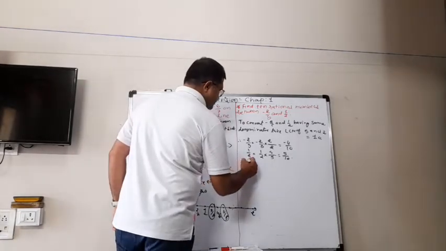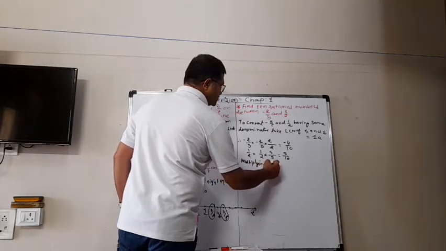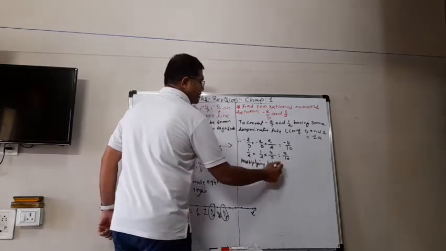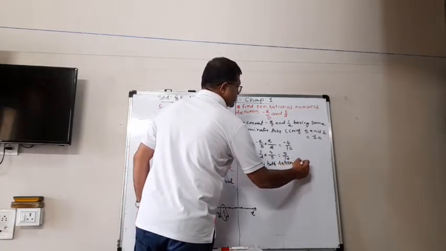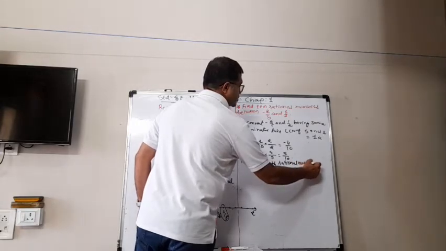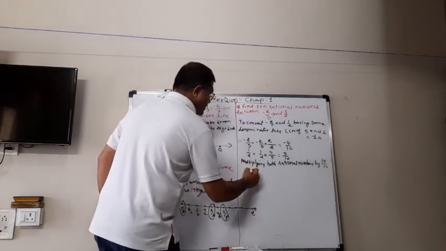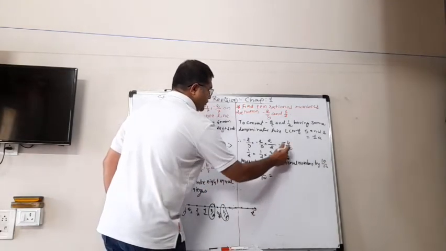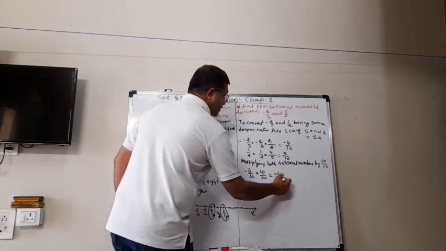So multiplying both rational numbers by 10 upon 10, first minus 4 upon 10 multiplied by 10 upon 10 is equal to minus 40 upon 100.